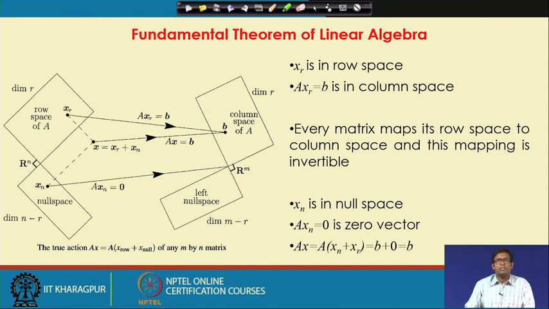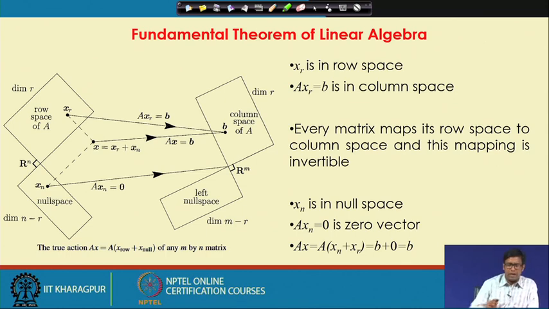So, I take x r, which is a row space vector. x r is a linear combination of rows of A; I multiply it with the matrix A and get a column space vector b. I take another vector x n, which is a null space vector in R n; I multiply it with A and get a 0 vector.